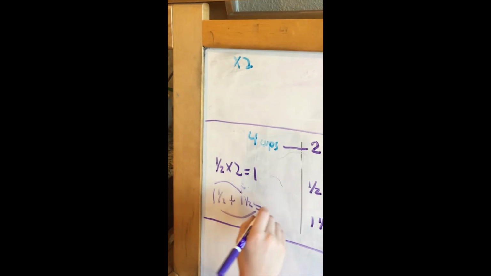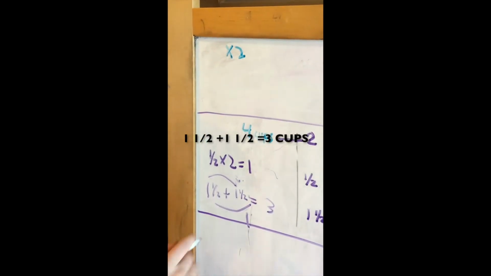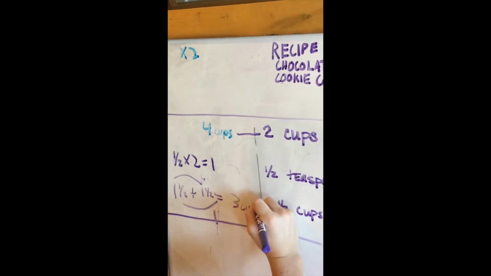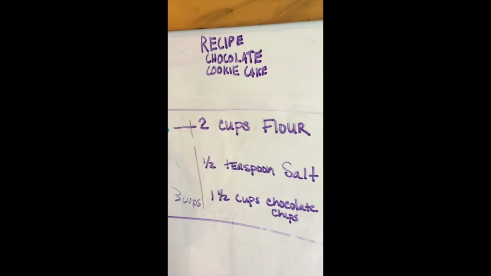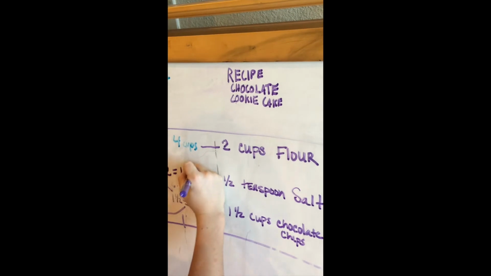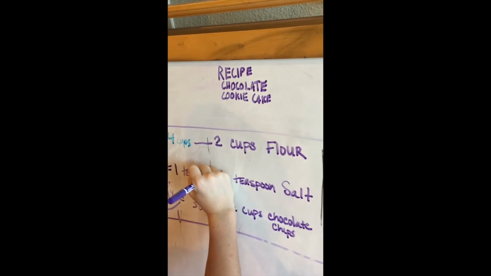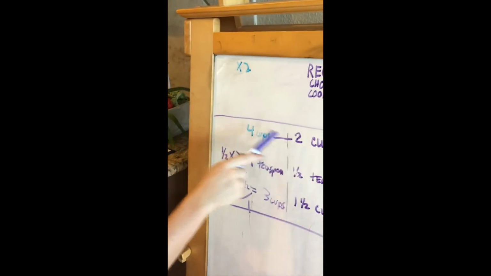So 2 plus 1 is 3. So you get 3 cups of chocolate chips and 1 teaspoon of salt and 4 cups of flour.